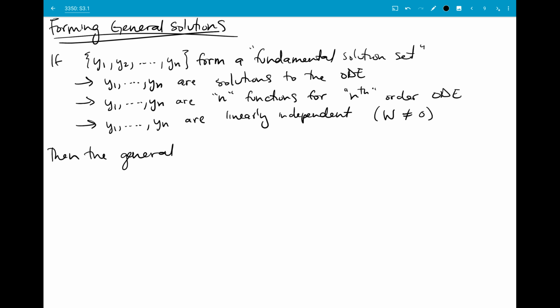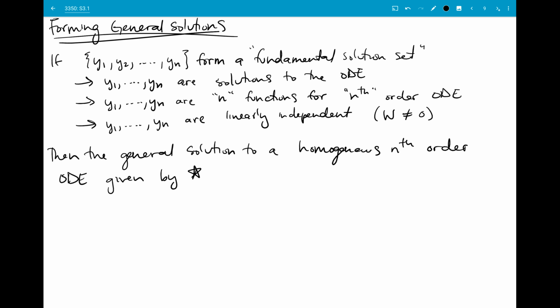Then if those special properties are met, the general solution to a homogeneous nth order ODE is going to be y equal to c1 y1 plus c2 y2 all the way down through cn yn. And those c's are unknown constants that we have to solve for in an initial value problem.